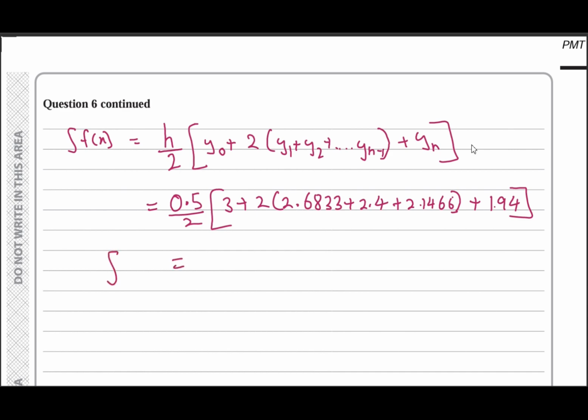So now we get an answer for the integral of f(x) from 0 to 2. By using the trapezium rule, what we get is an approximation for the area under a curve, and we usually use this method when our normal integration method would be difficult.